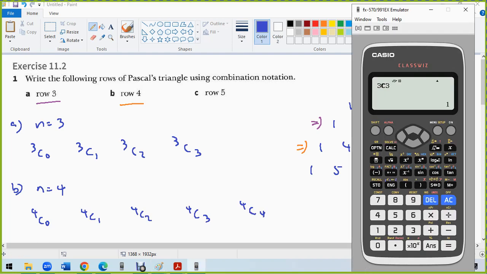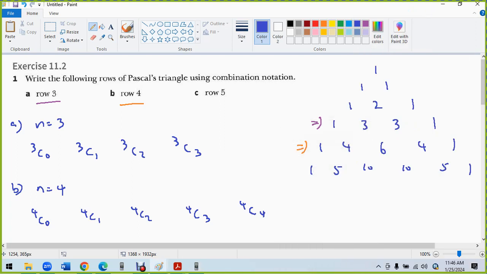So we can use the table in the calculator. So we have 4CX, and then the X starts from 0 and ends at 4, step size is 1. So we have 1, 4, 6, 4, 1. Yes, it is correct. Okay.